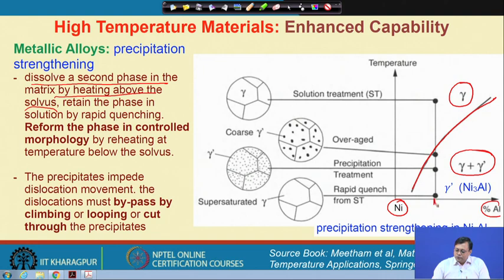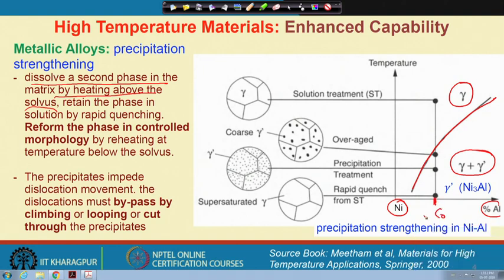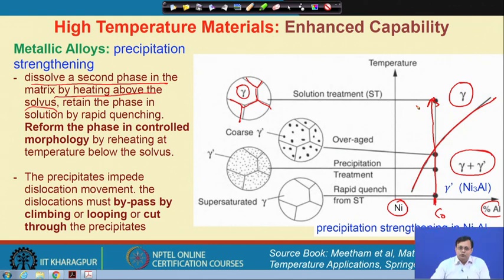Let us assume that I have chosen a composition, here it is C0, and now I simply raise the temperature to the gamma phase field. In that case, I will have grains with gamma only. These are the grain boundaries of gamma. This is called solution treatment, meaning I reach a single solid solution phase where we hold it without allowing too much grain growth, in order to homogenize and dissolve the precipitate which appears initially.